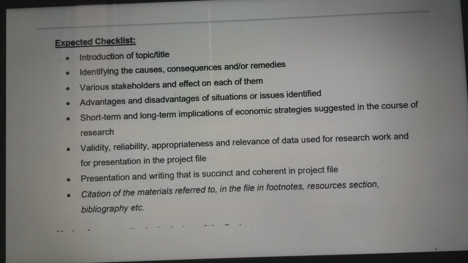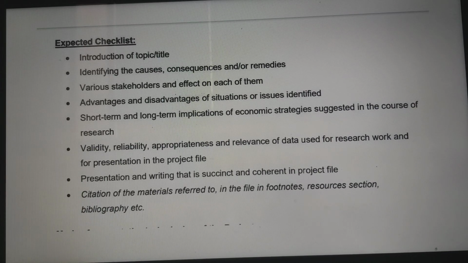The expected checklist, probably when you go for your practicals, the external would be searching these checklists in your project. They are, what's the topic, they'll see if it has economic relevance. Then have you identified the causes, consequences and remedies for the topic that you have chosen? Who are the various stakeholders?